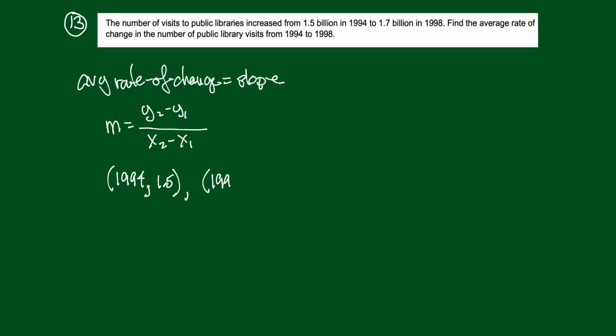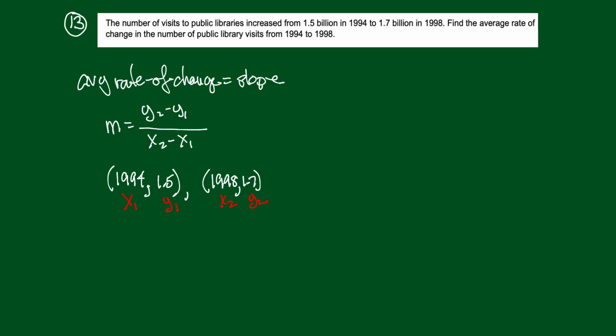So in 1998, 1.7 billion. Now, be careful here. The numbers go backwards, right? It says 1.5 billion to 94. But it was in the year 94 we got this many people. All right, so I'm going to put this number first. Now, this is x1, this is y1, x2, y2.